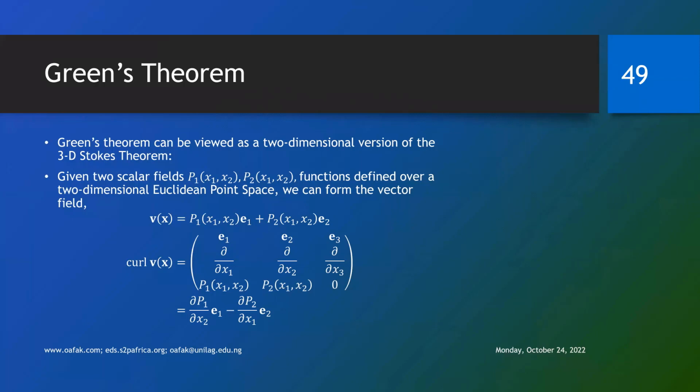So you see that this determinant is simply the P1, the x2. Am I sure that is it? I'm seeing something that looks like an error here. Let me just be sure I'm right. If you take the curl there, e1 is the ∂/∂x3 of P2. But I'm no longer very certain.